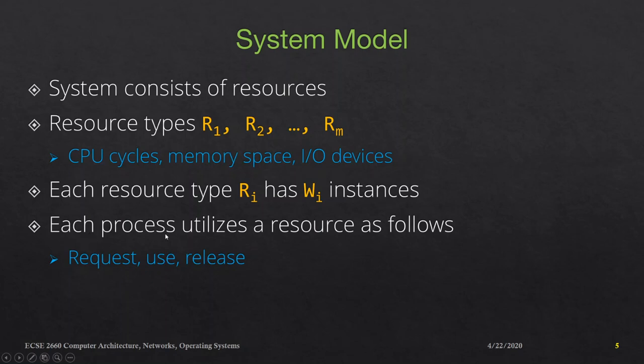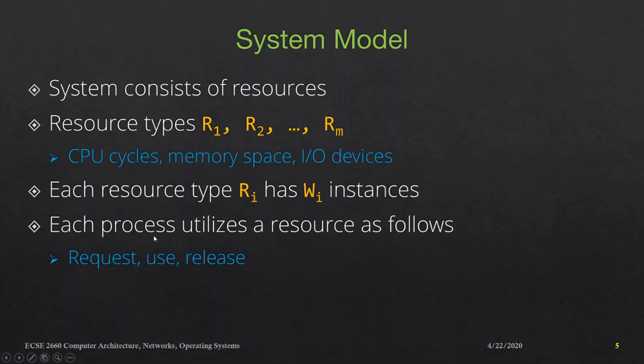And then each process utilizes a resource as follows. First, it will request a resource, and once it requests a resource, the operating system will have to assign an instance of that particular resource to the requesting process.